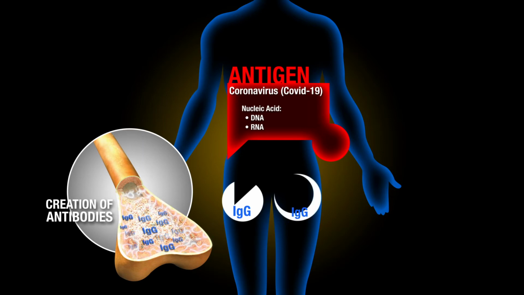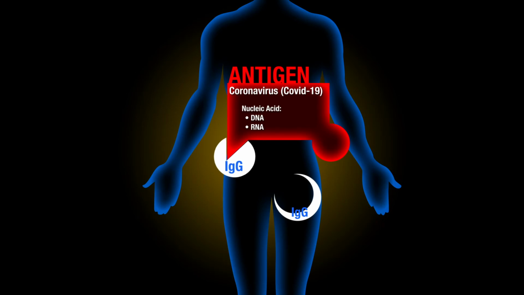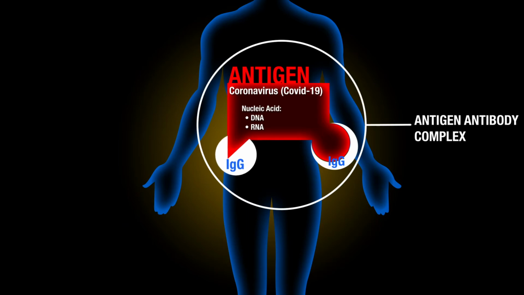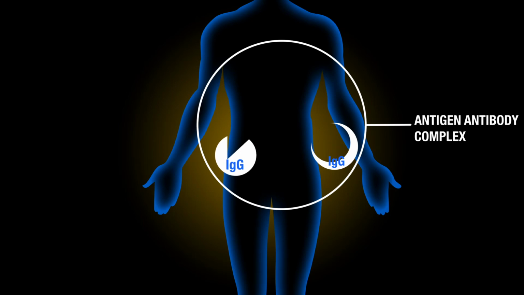And so what these do is they would go and attach to that virus in different locations. This IgG1 would go and attach right here. This would go and attach itself right here. This is called an antigen-antibody complex, and it would kill the actual antigen.